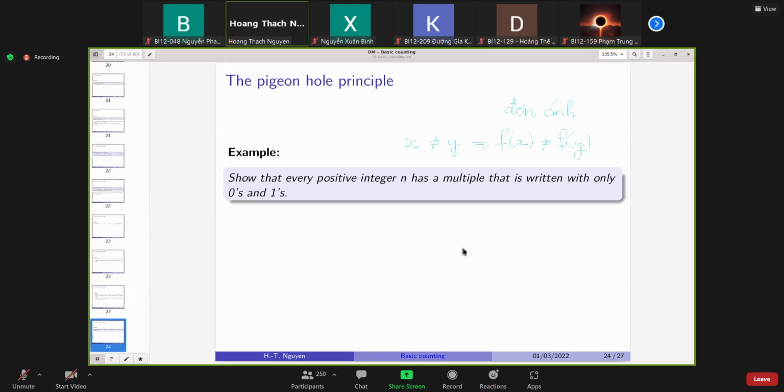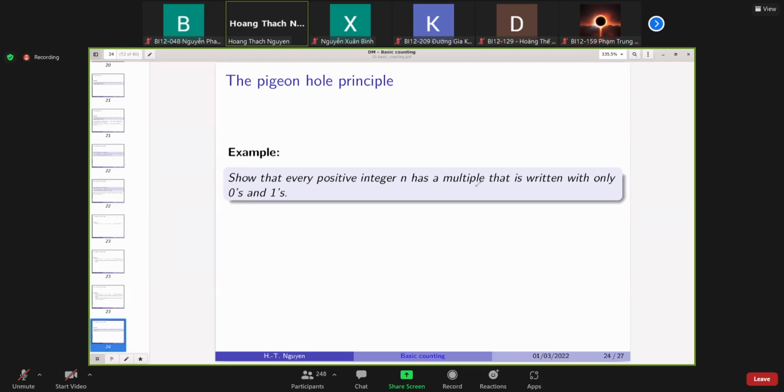Now this example says that there exists a positive integer that is divisible by n. So here it says that for every positive integer n, there is a multiple of n.